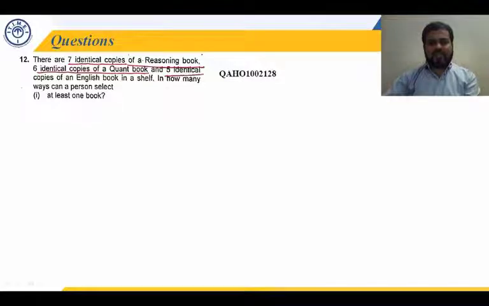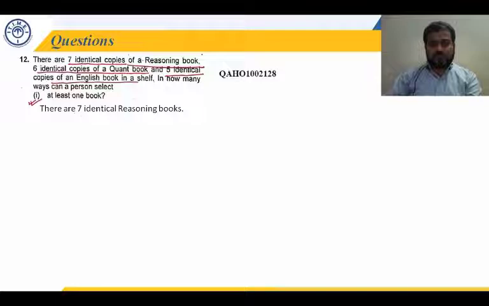And 5 identical copies of an English book. So now all the reasoning books are identical, all the quant books are identical, and all the English books are identical. Now how many ways can a person select at least one book? So we have the same 2 questions as in the previous slide, but here the books are identical.